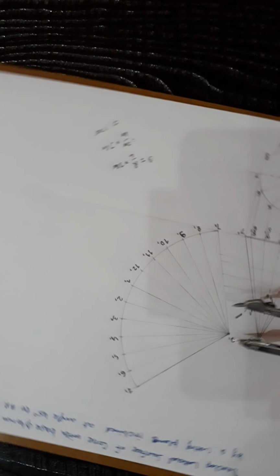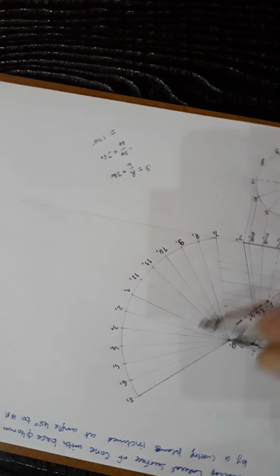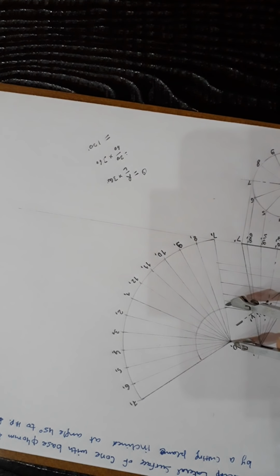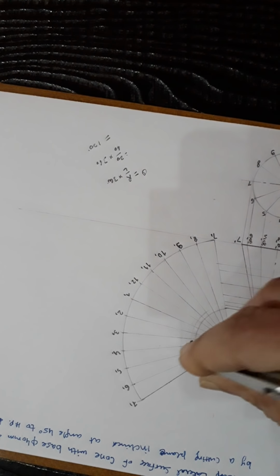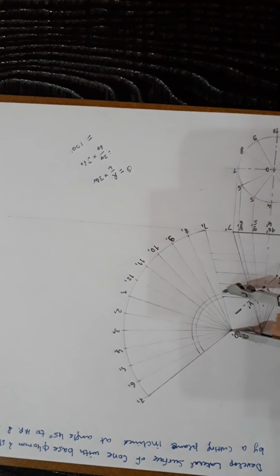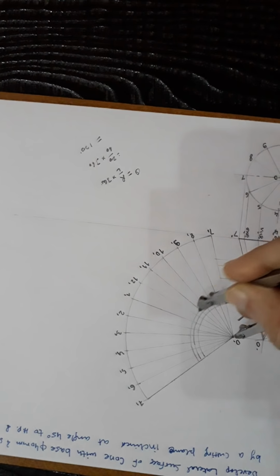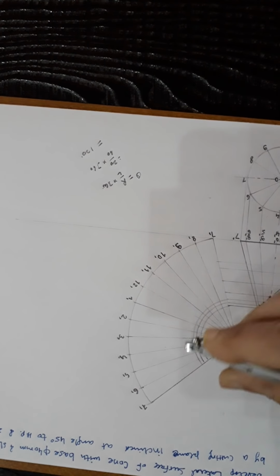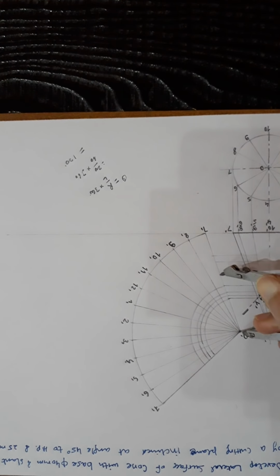Now what is next? You can take this O1 as center, and wherever these edges meet this O7 you can draw the arcs. First one, it will be 7 arcs, then the second one, join it with thin always, then the third one, I am taking this from this only, and then this fourth one, from here only I am taking this.